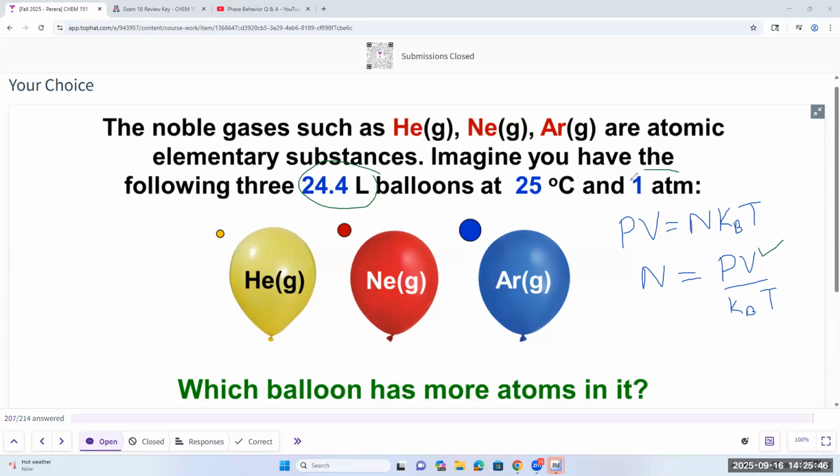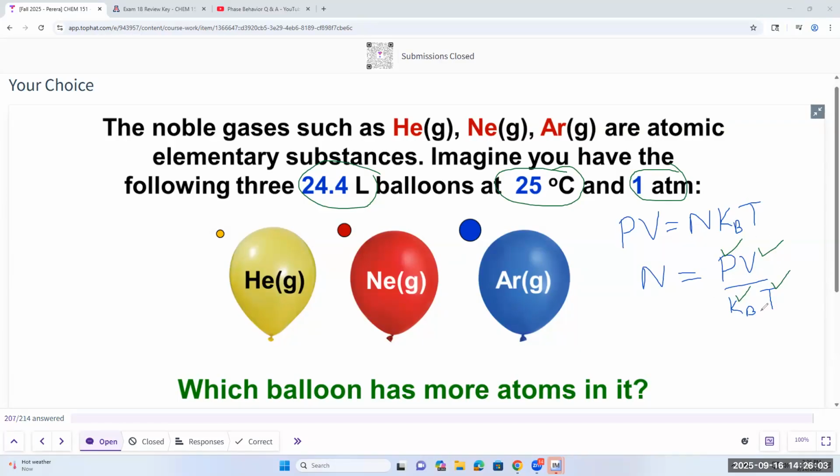All the balloons have the same volume, the same pressure, and the same temperature of 298 Kelvin or 25 degrees Celsius. And k_B is a constant, so it is not going to change either.